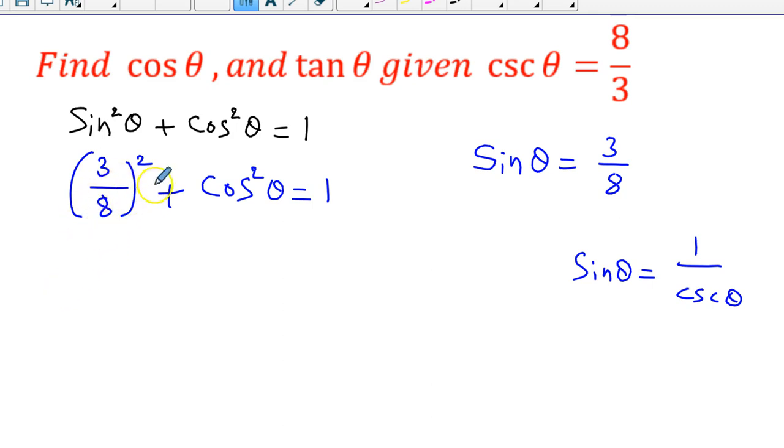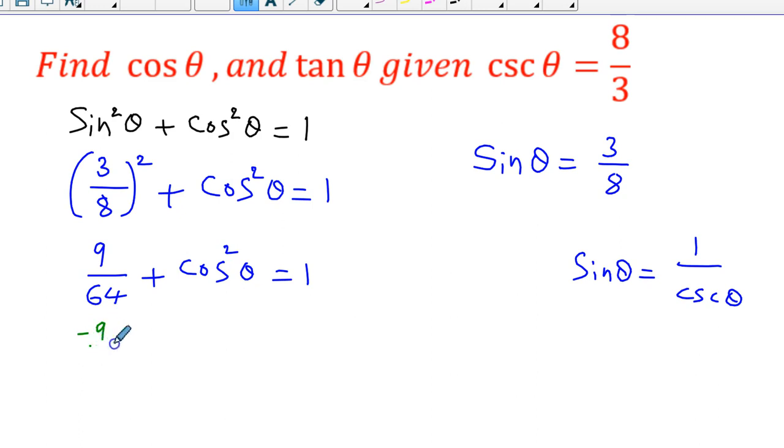So what is 3 square now? 9 divided by 64, that is, 8 square is 64, plus cosine square theta is equal to 1. And following the basic rules of solving equations, we can do the same thing here.